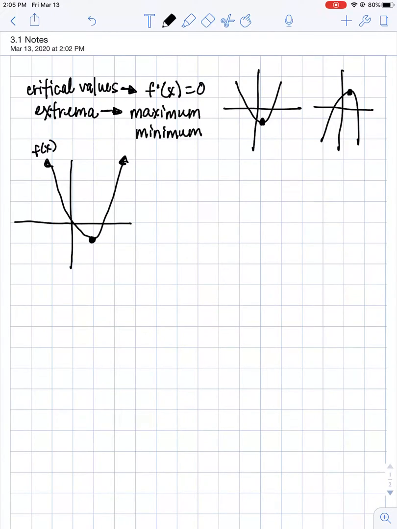Now I need you to remember that a derivative is the slope of the tangent line. So I'm going to draw the slopes of the tangent line in red.